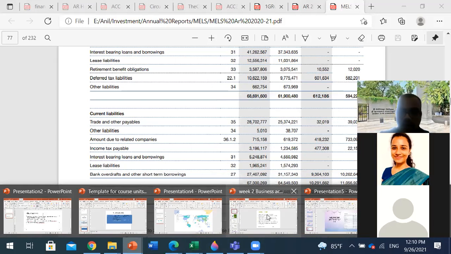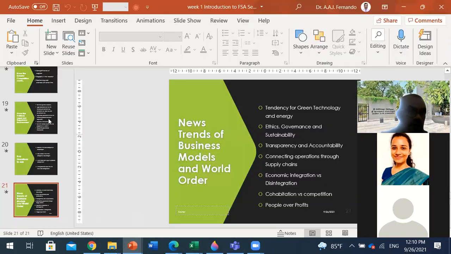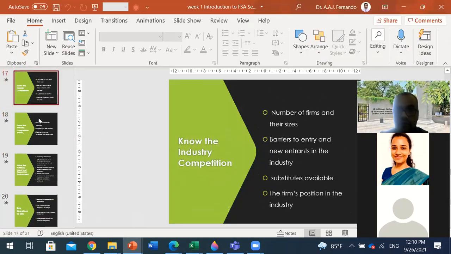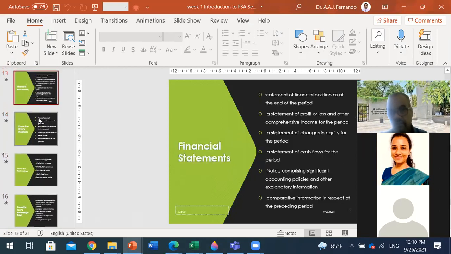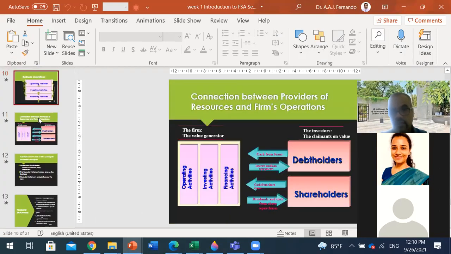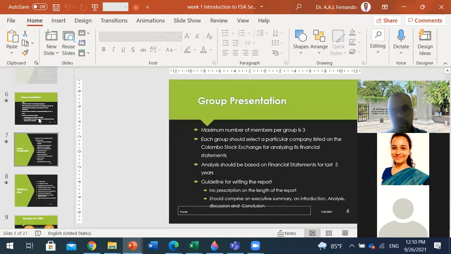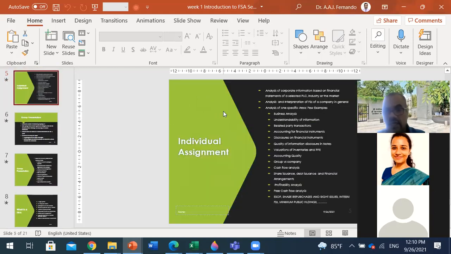These are the topics I have suggested, but you can think of your own topic if you like, no problem, as long as it links to the presentation slide. These are the areas: analysis of corporate information based on financial statements, and the whole list is given there. But better inform me by next week to avoid repetition. Now you have the freedom.